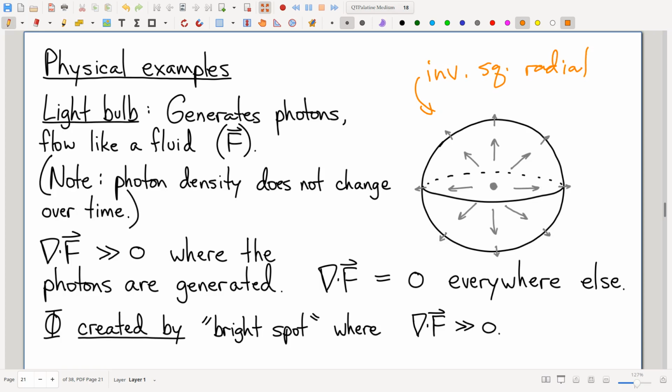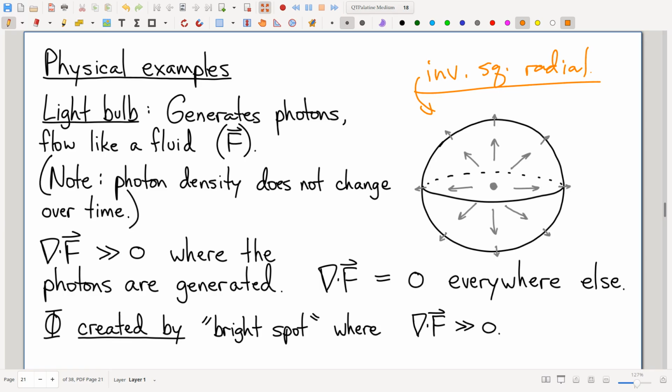Now, an important little detail to throw out on this: it's not because the velocity decreases, right? You see how the magnitude of this vector field decreases as you go further out. Do the photons slow down? Of course not. Photons, speed of light, that's pretty much constant.